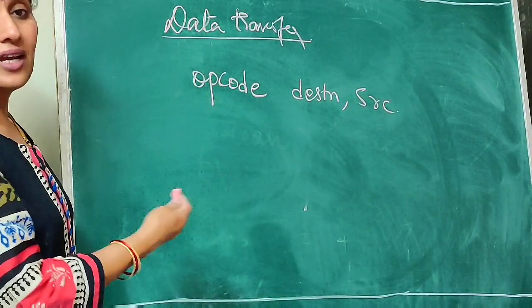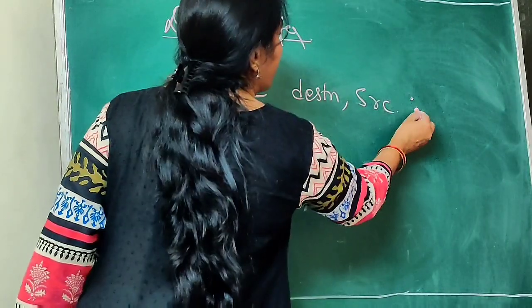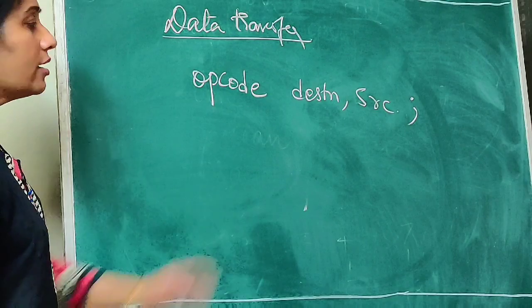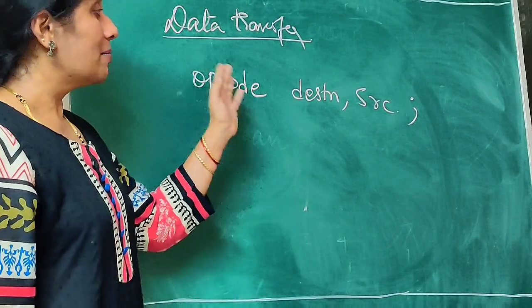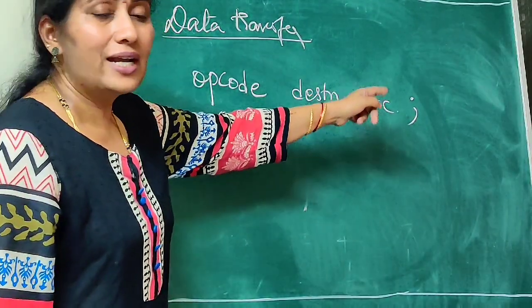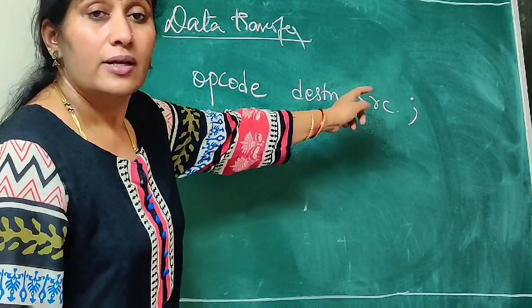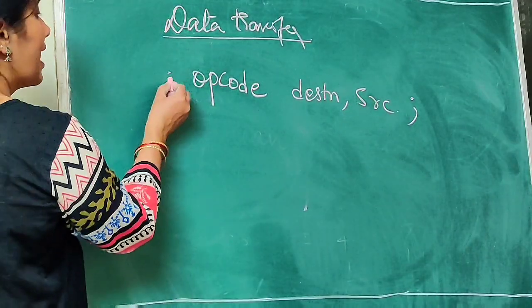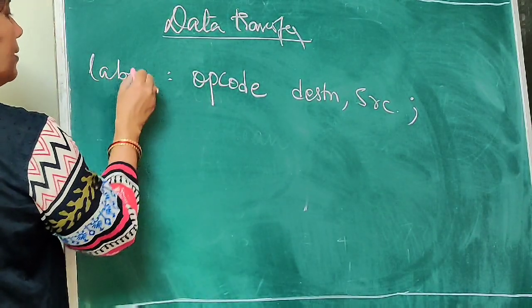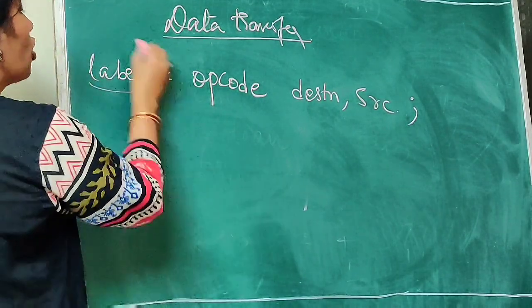Suppose you want to write any note or comment on this particular instruction, then the comment should start from a semicolon, and while the assembler assembles our assembly language program, it is going to treat it as a comment and not as an instruction. It should start from a semicolon. And you can have a label before the opcode, which is separated by a colon, and which is optional.